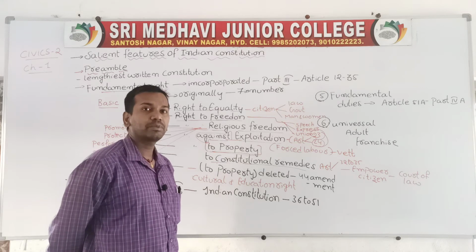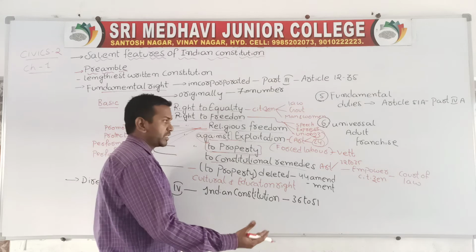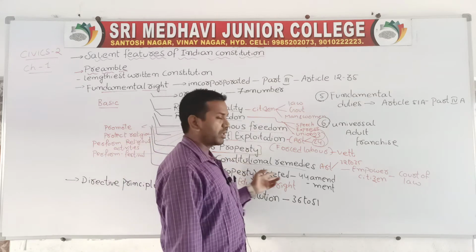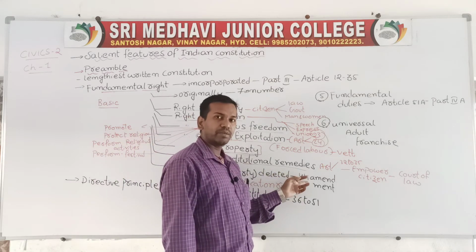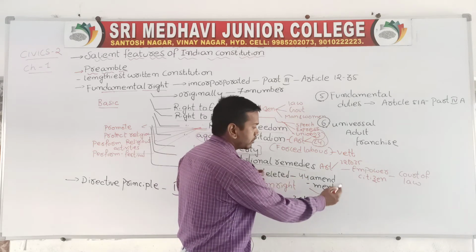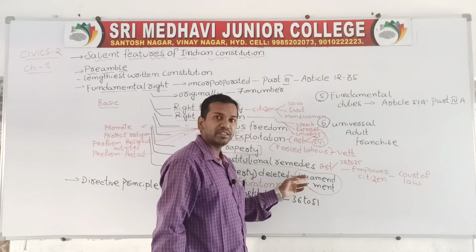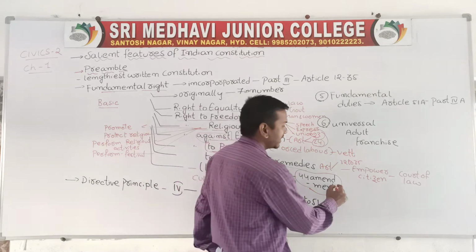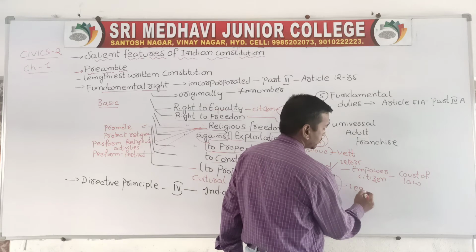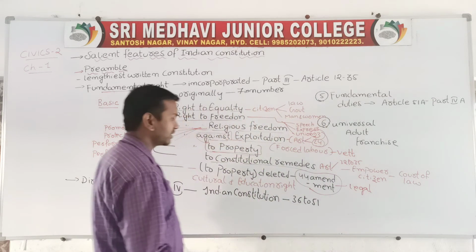Every person has a right upon their property. According to the 44th Amendment, the right to property was removed from the fundamental rights list and made a legal right.